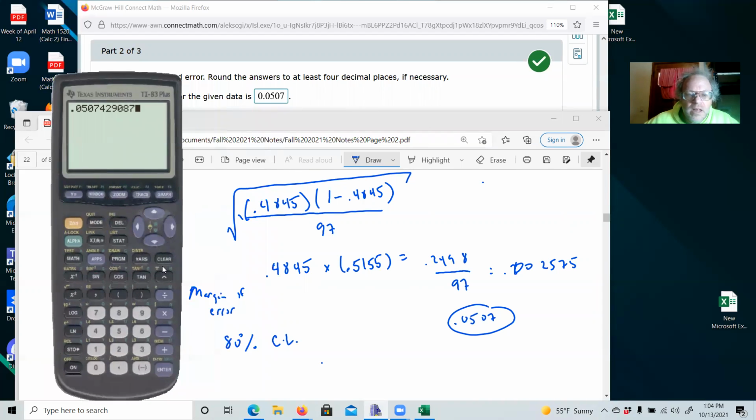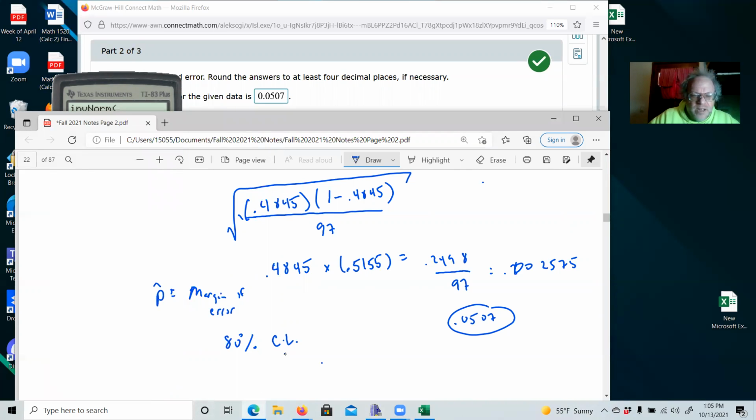All right. So we're going to go to stat, and I want to go to tab. No, I don't want calc. I want distributions, and inverse norm. Remember, we want an 80% confidence interval, so there's 80% here.